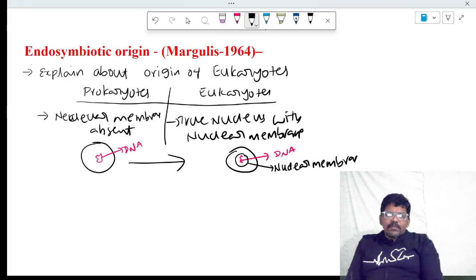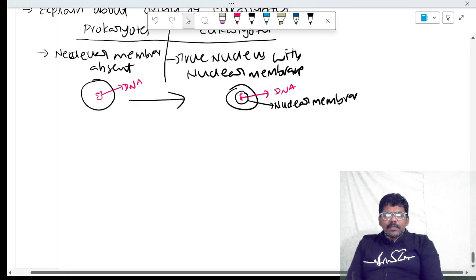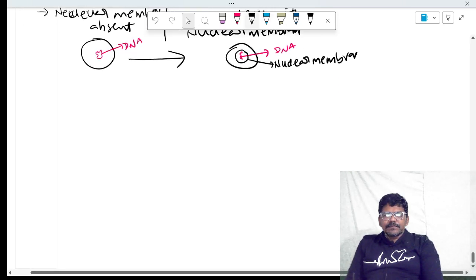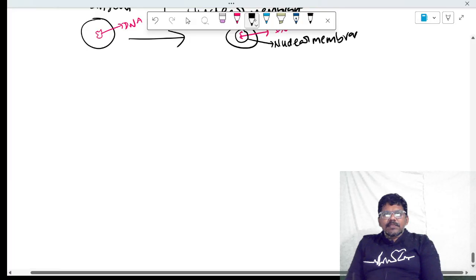The conversion of prokaryotes into eukaryotes is best explained by the theory called endosymbiotic theory. Now we will see how the prokaryotes are converted into eukaryotes by the endosymbiotic theory. I'll explain step by step.